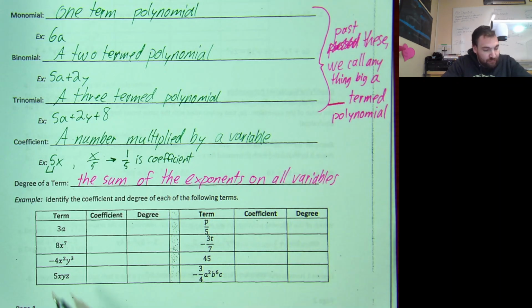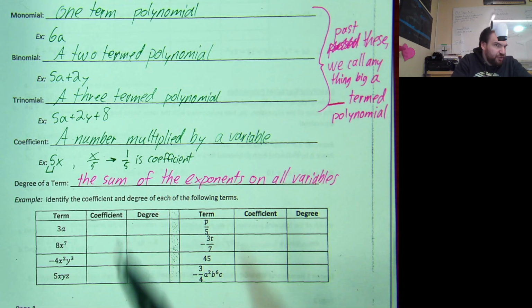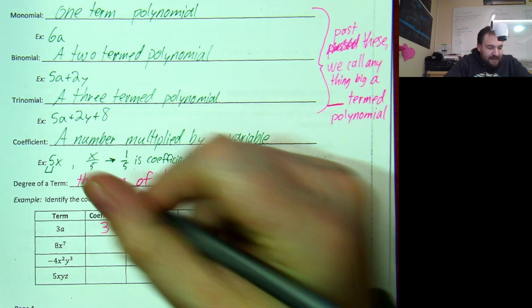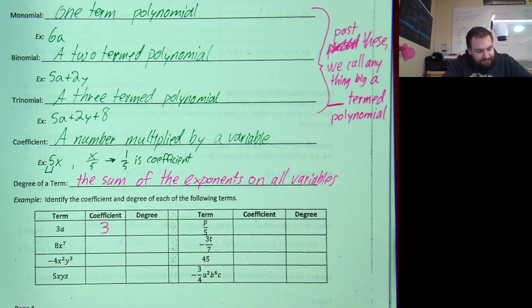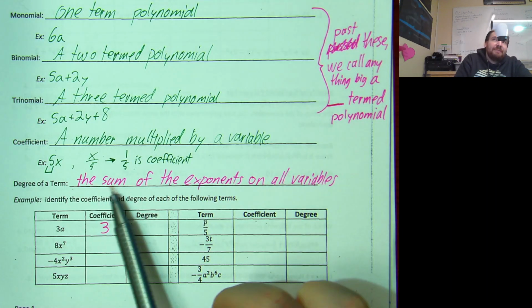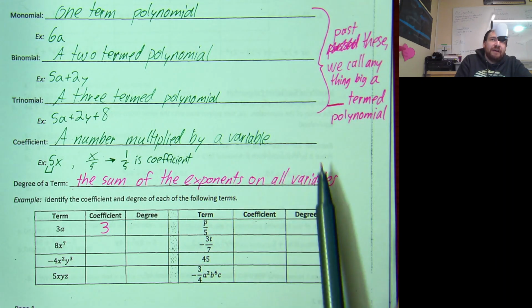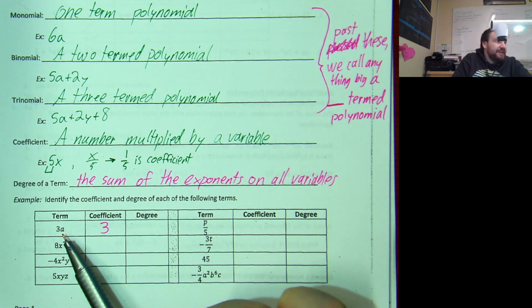So, if my term is 3a, let's get the coefficient out of the way. Coefficient's 3. Now let's talk about degree. I defined the degree to be the sum of all of the exponents on all of the variables. My variable here is a, and my exponent on the variable is 1.